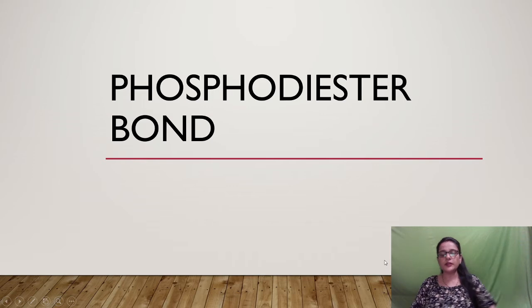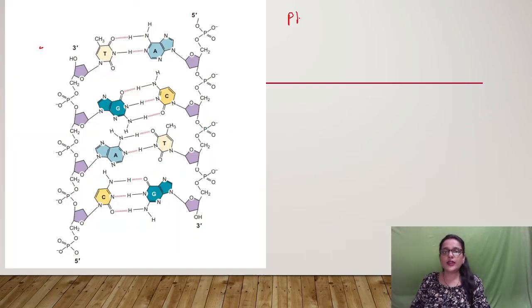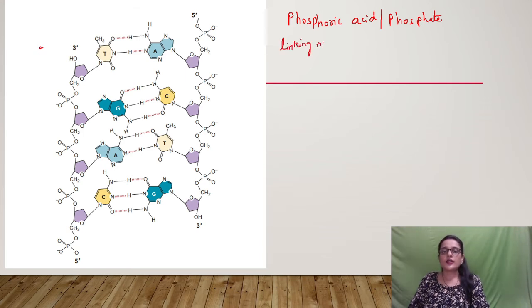So let's proceed. Phosphoric acid or phosphate molecules are the linking molecules which help to join sugar molecules to form the backbone.